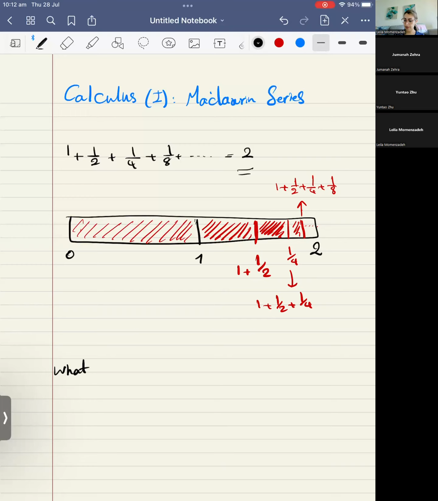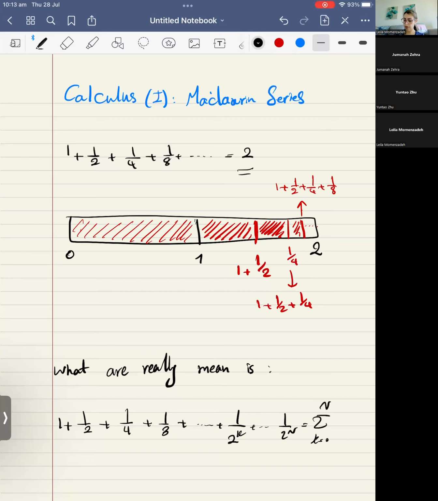What does it really mean? It is 1 plus 1 over 2 plus 1 over 4 plus 1 over 8 plus 1 over 2 to the power k, up to n, equal to the summation k from 0 to n of 1 over 2 to the power k.